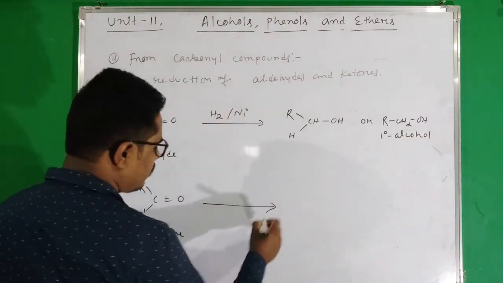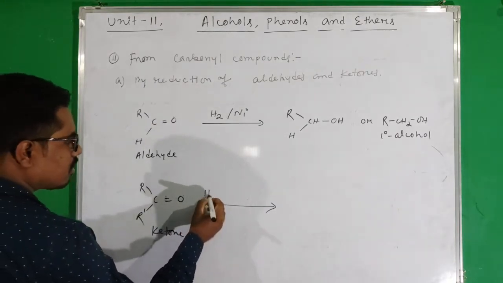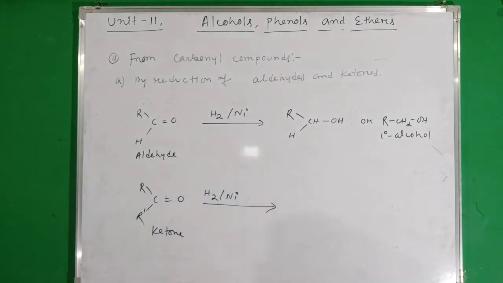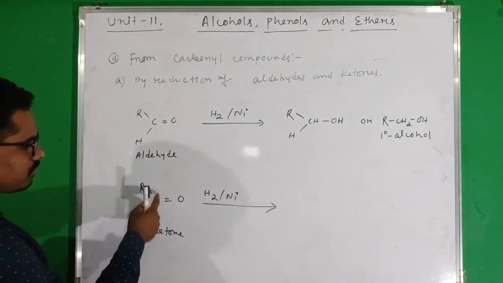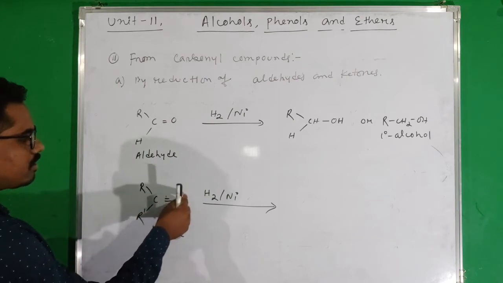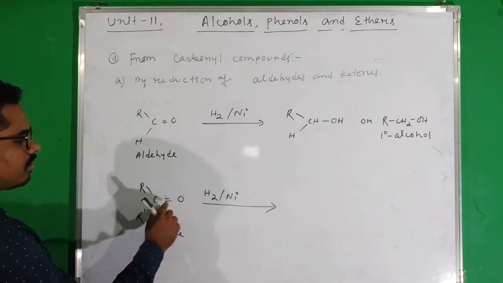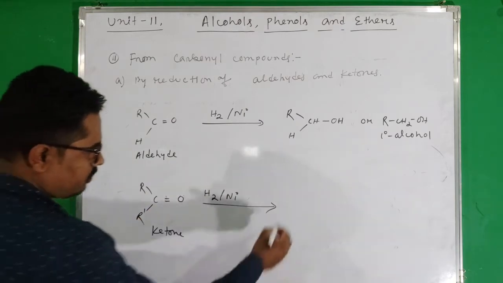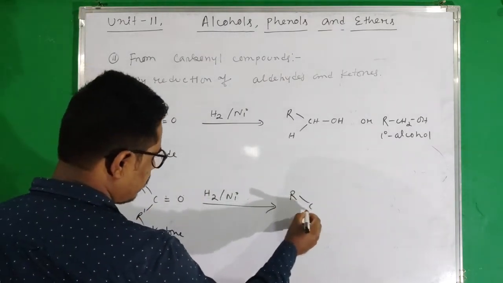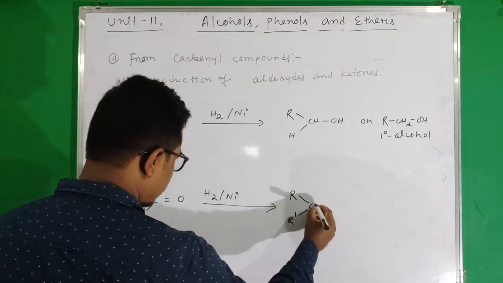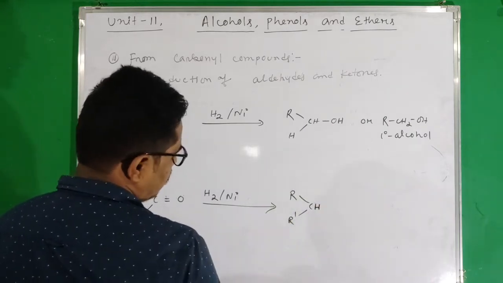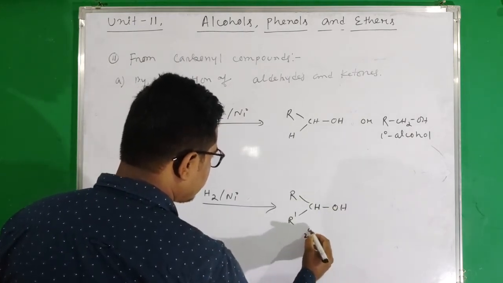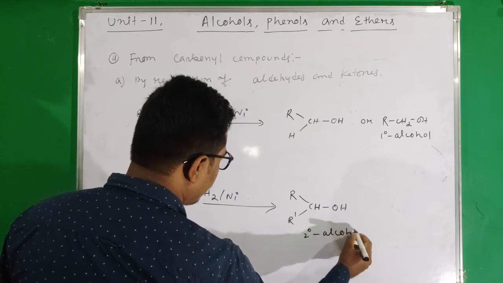Again, when we reduce ketone in presence of hydrogen and nickel, then one hydrogen will add to this carbon and another hydrogen will add to this oxygen, resulting single bond between carbon and oxygen, and we will get R C R dash CH single bond OH, and this one is secondary alcohol.